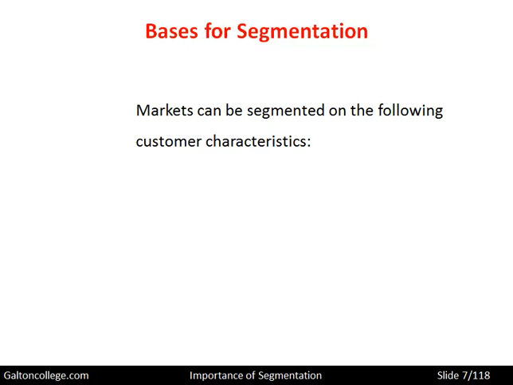Now the basis for segmentation, well, markets can be segmented on the following consumer characteristics. It could be on where they live, which part of the country, seaside, city, town, farm, where are they exactly?